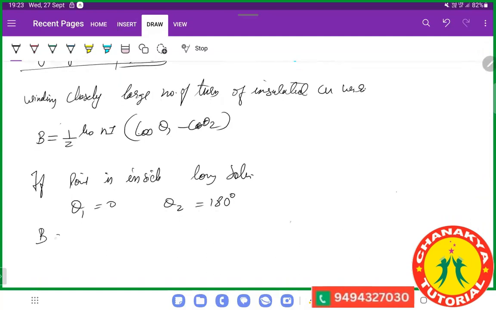So B will become mu naught n I. Am I right? Cos 0 is 1, cos 180 is minus 1, so 1 minus minus 1 is 2, and the 2 cancels with the half, yeah.